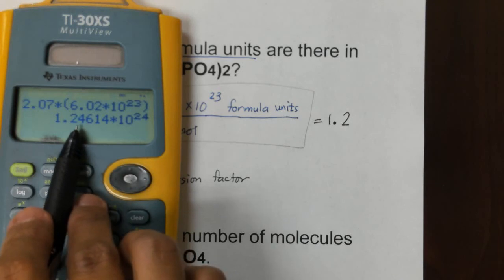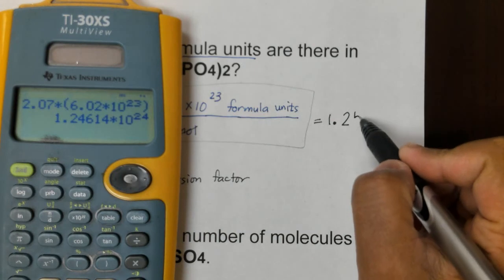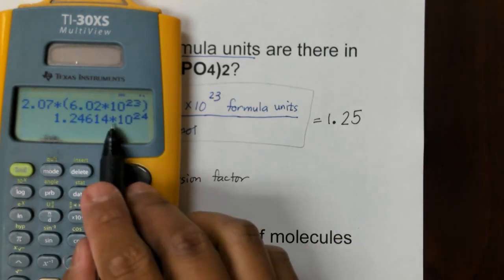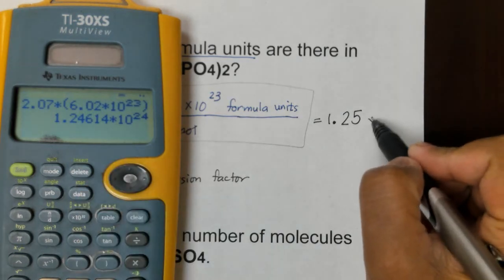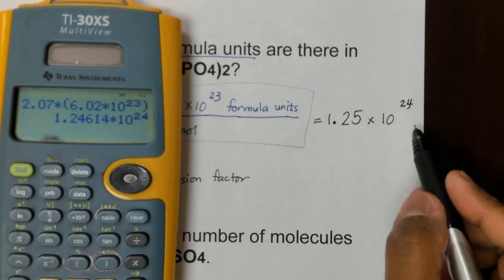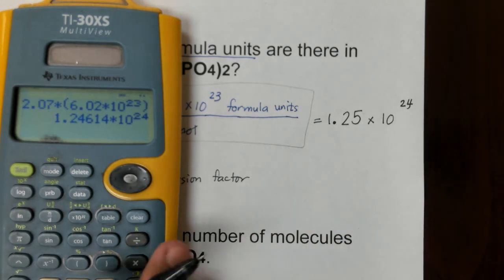So the 4 becomes a 5 this time, so that's going to be 1.25, and then we copy the scientific notation, that's times 10 to the power of 24. So that's the entire numerical answer for this problem.